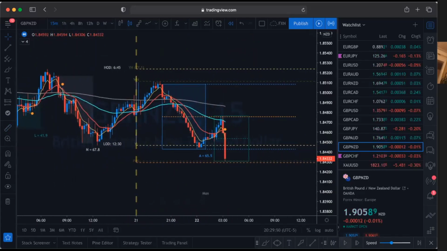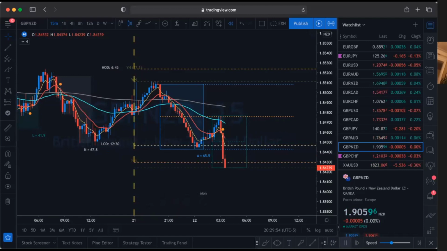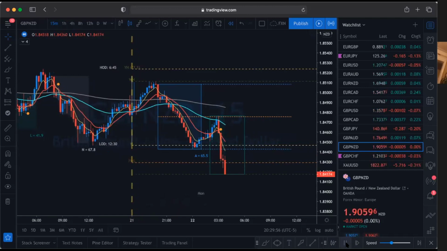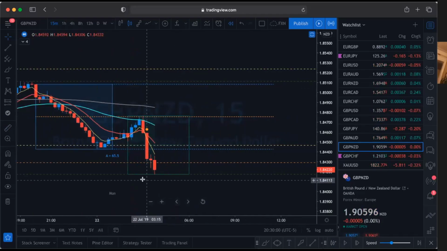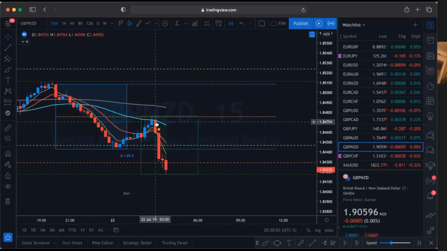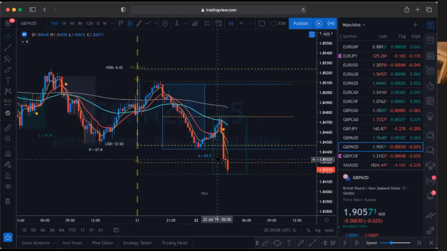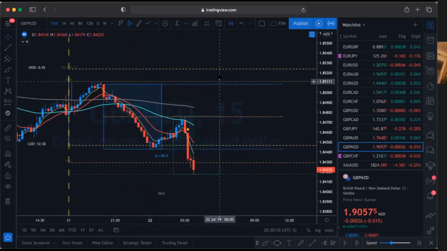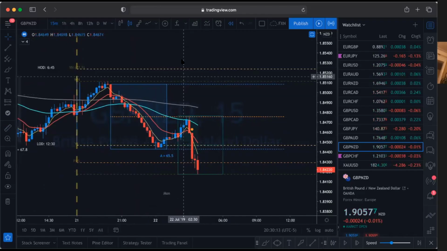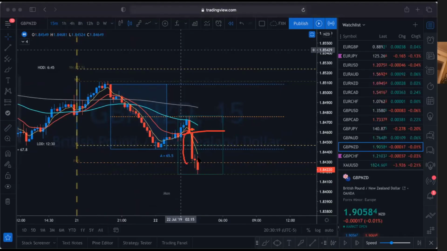All right. So this would be considered type 3? Well, we're basically into the London session. Where would your entry be if you were going to take this out of type 3? Your entry would have to be all the way up here, because there's no way you're entering after this.